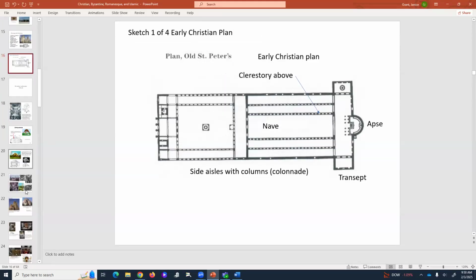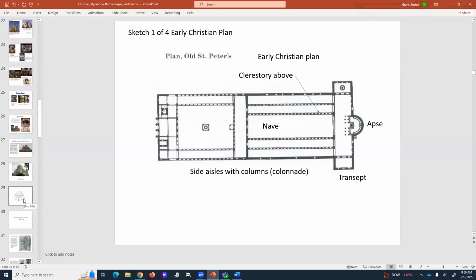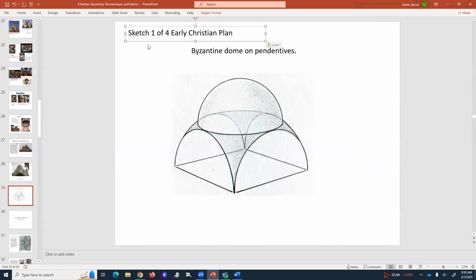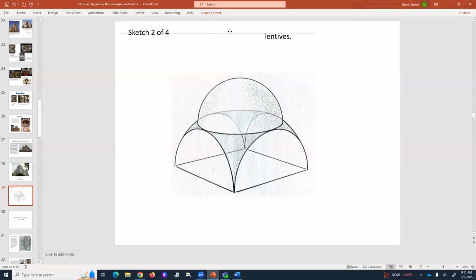Okay. So our second one is this one here. That good?